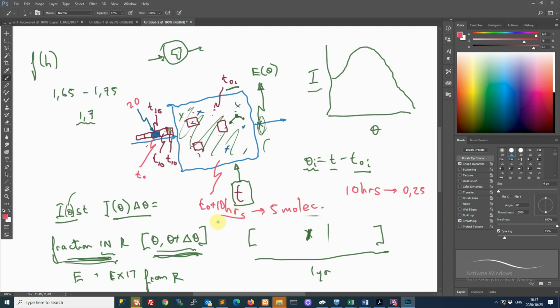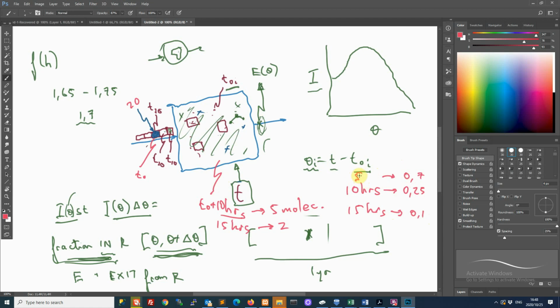We could ask after 15 hours. So maybe after 15 hours we are down to just 2 molecules. Right, so 15 hours, it's 2 over 20, so it's 0.1. And then we could have done it earlier as well. We could have done it at 5 hours. So maybe at 5 hours it was more like 0.7 and so on.